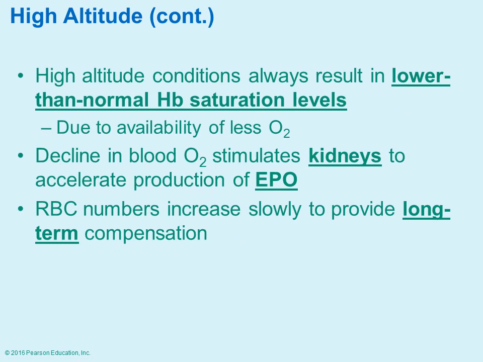So the kidneys, like I say, are producing more EPO, which stimulates the red blood cells to increase the numbers. Usually just 2 or 3 days is enough for you to become acclimated to where you should not be feeling some of those mild symptoms like the dizziness, etc.